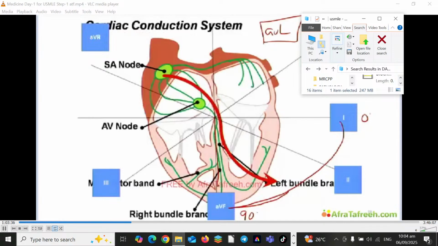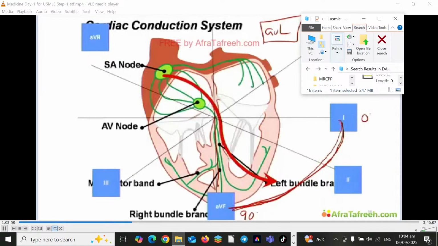As we said, we have mapped out the heart into 30-degree axes. Our normal axis was 0 to 90 degrees. Anything that is in this area is a normal axis.